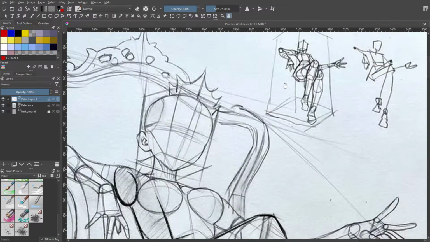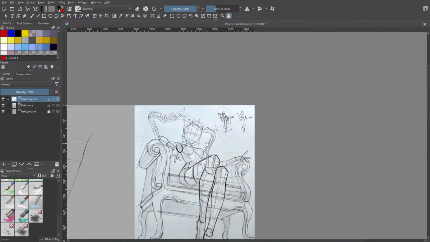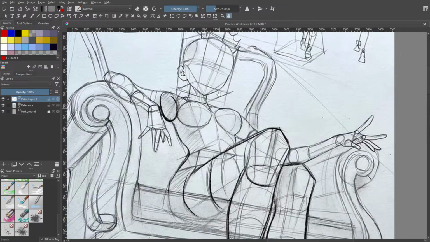Are they just here for cosmetic reasons? Because he didn't use them in here. If you look closely, he didn't use that stuff when he was drawing. So he wasn't making these lines. Did he add them later? That's kind of weird. Also, what's going on here?